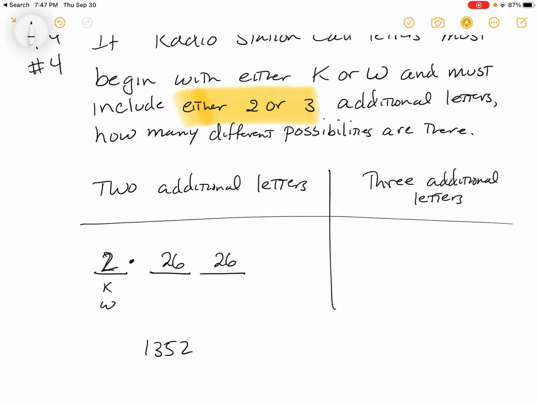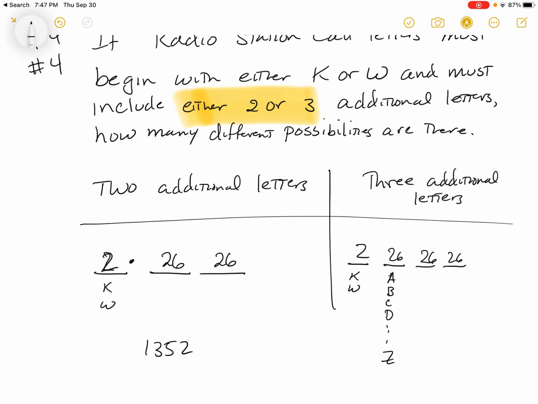For the 3 additional call letters, again, it's the first letter plus 3 additional. There are only 2 ways to get that first letter. It's got to be a K or W. There are 26 ways to get the next one because it could be A, B, C, D, all the way up to Z. There's nothing that says a letter can't be repeated, so W, W, W, W is a possibility. 26 and 26.